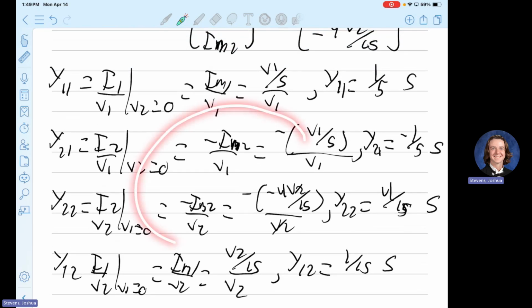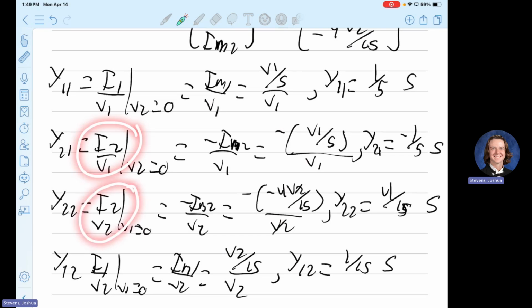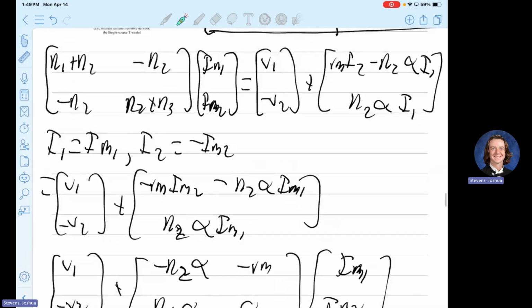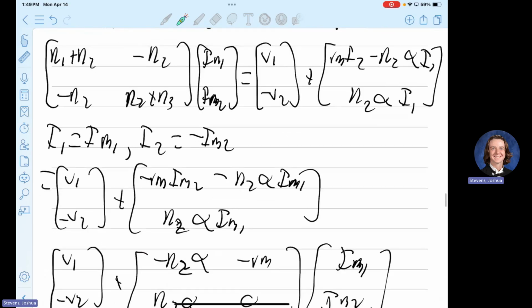Maybe the negative IM2 is messing you up. It's denoted as I2 and V2, or I2 and V1 here, but as we denoted earlier, by the direction of my mesh currents, I2 is equal to negative IM2.